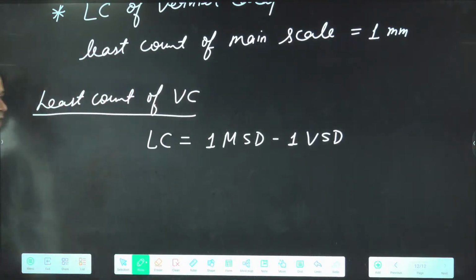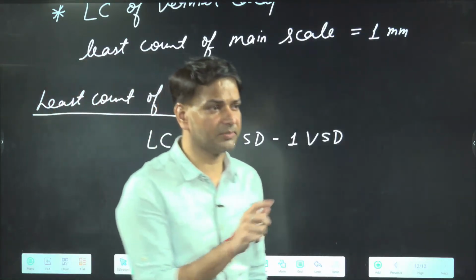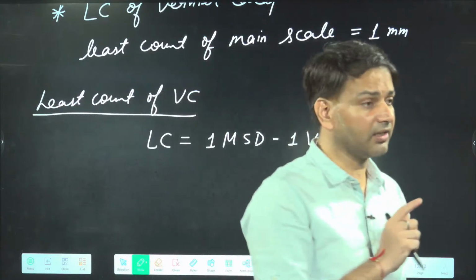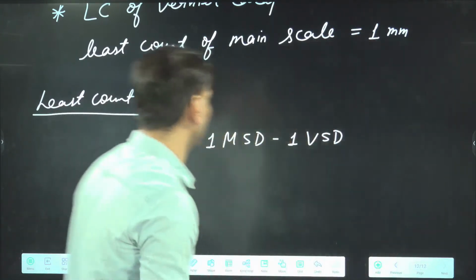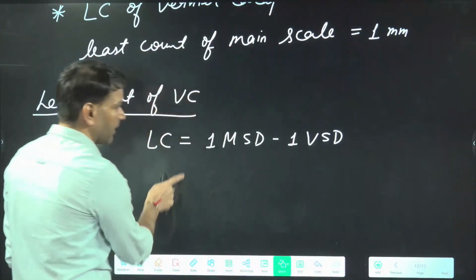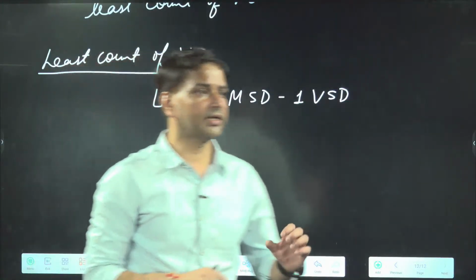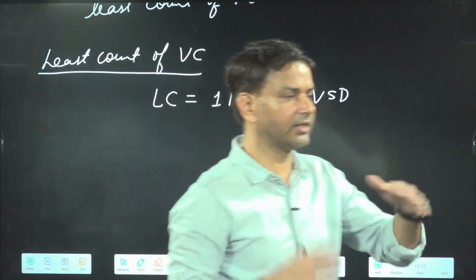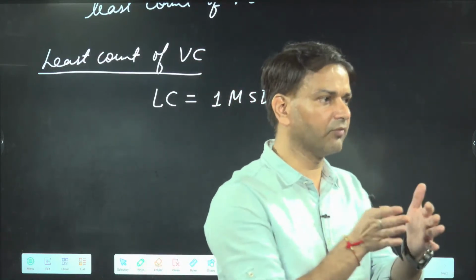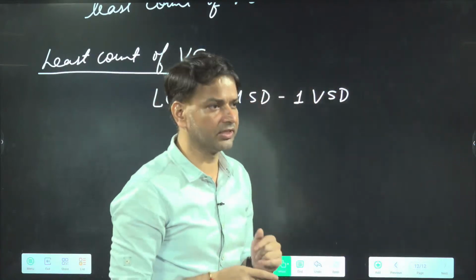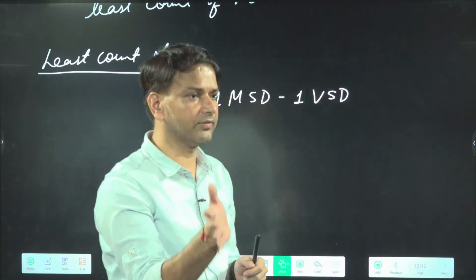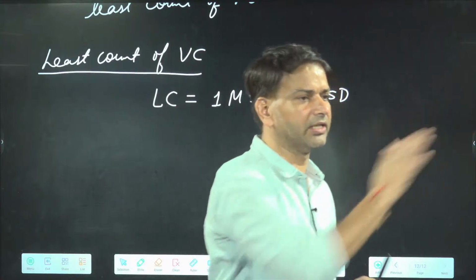Now 1 VSD means one Vernier scale division. That we cannot say directly; for this, they will give the data. In a problem, they will say like 10 Vernier scale divisions coincide with 9 main scale divisions.